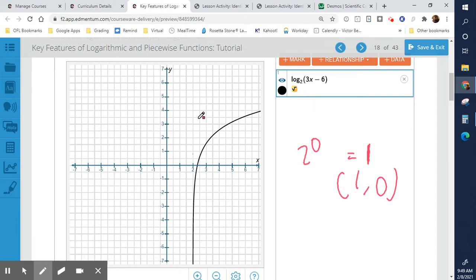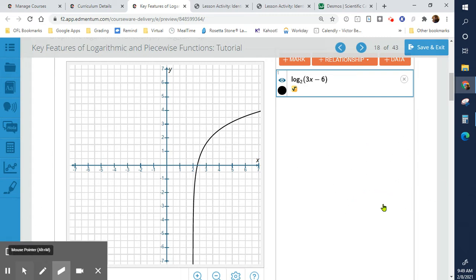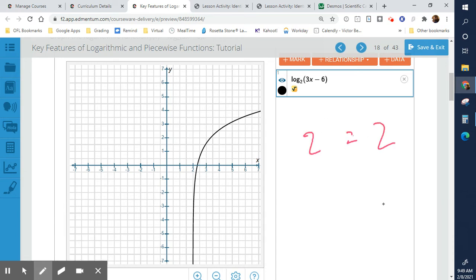So that's where we get the asymptote. What power? If this is 0, then we end up getting the 1. So that's where we get that part. But what happens when our exponent, we want this to be 2?